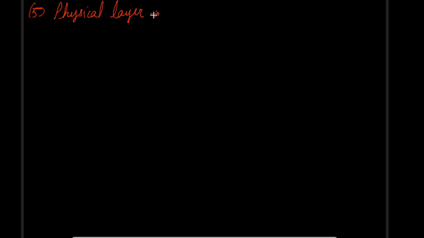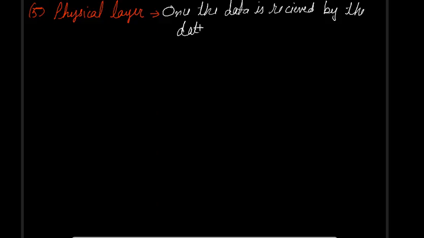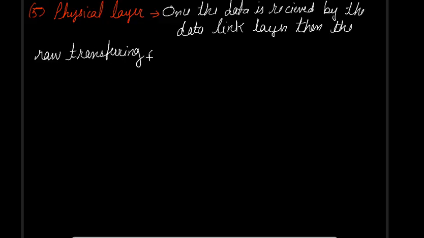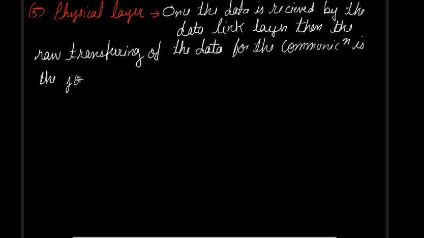Now once the data is received by the data link layer, then the raw transferring of the data for the effective communication is the job of the physical layer.